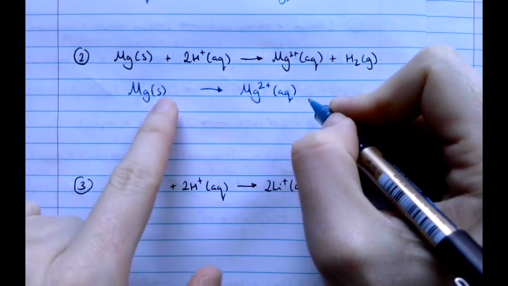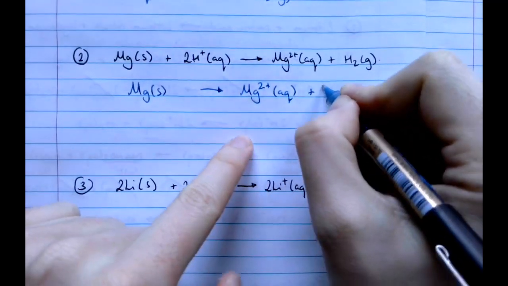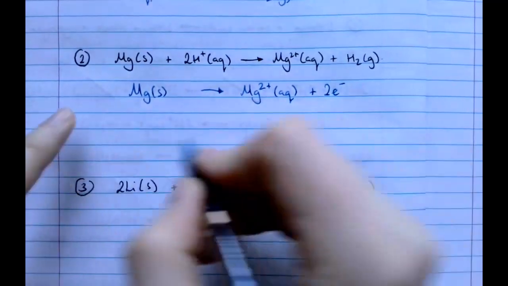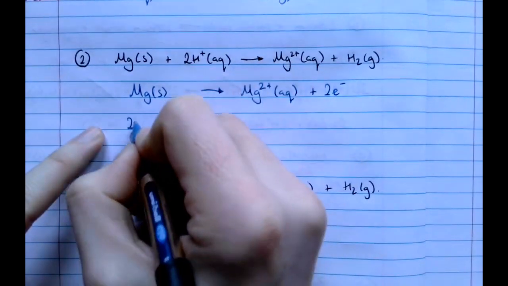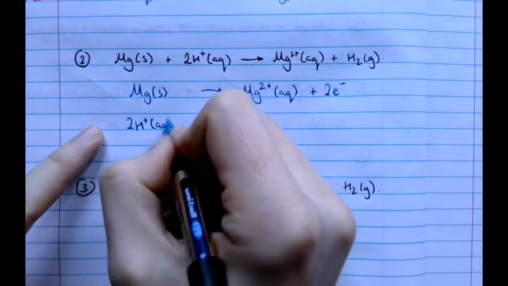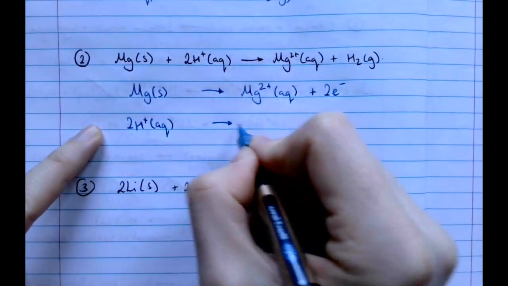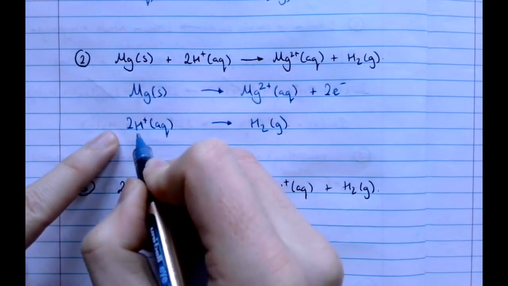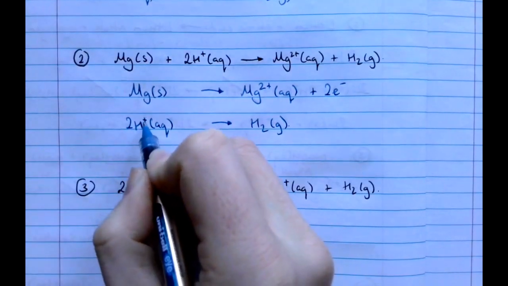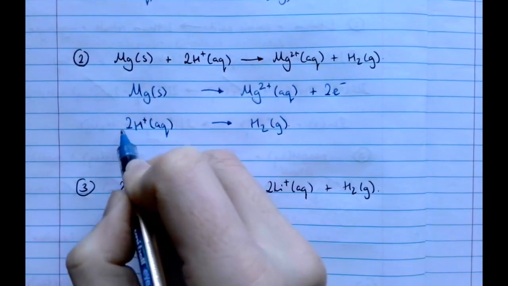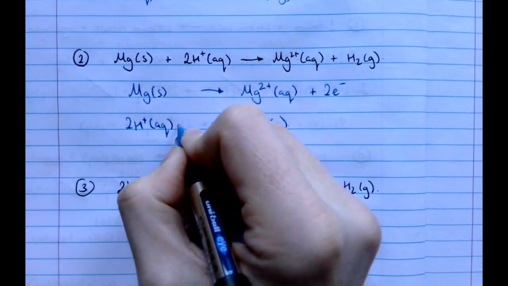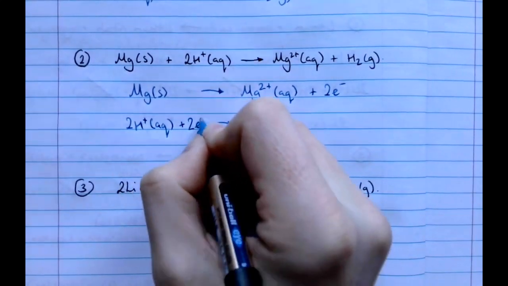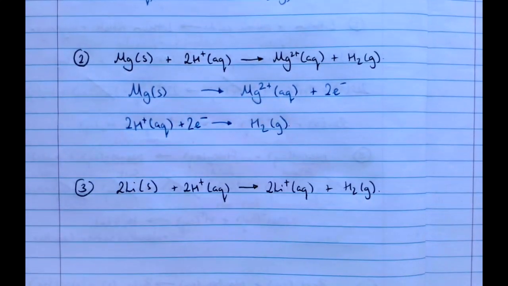And my 2H+ is making H2 gas, so I've got 2 positive charges, because each hydrogen ion is a +1 charge, but I've got 2 of them, so in order to do that, I'm going to need to gain 2 electrons. And again, this is oxidation, and this is reduction.